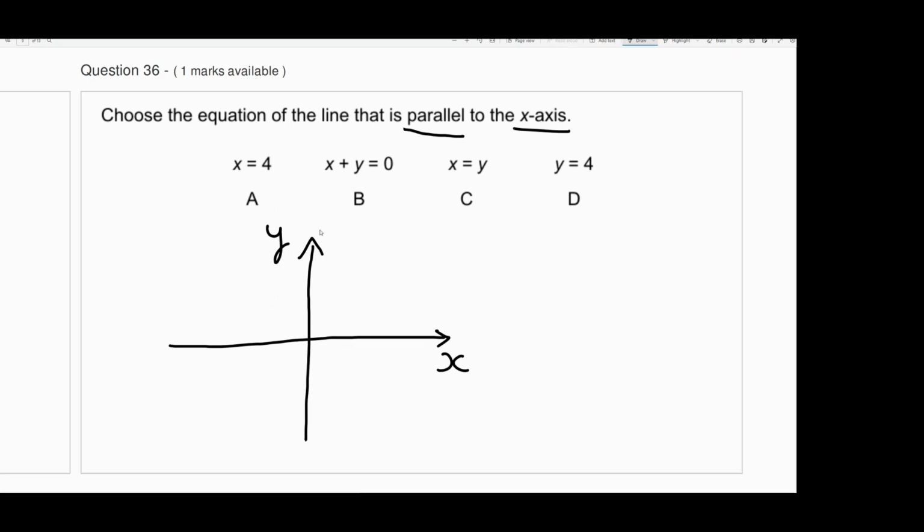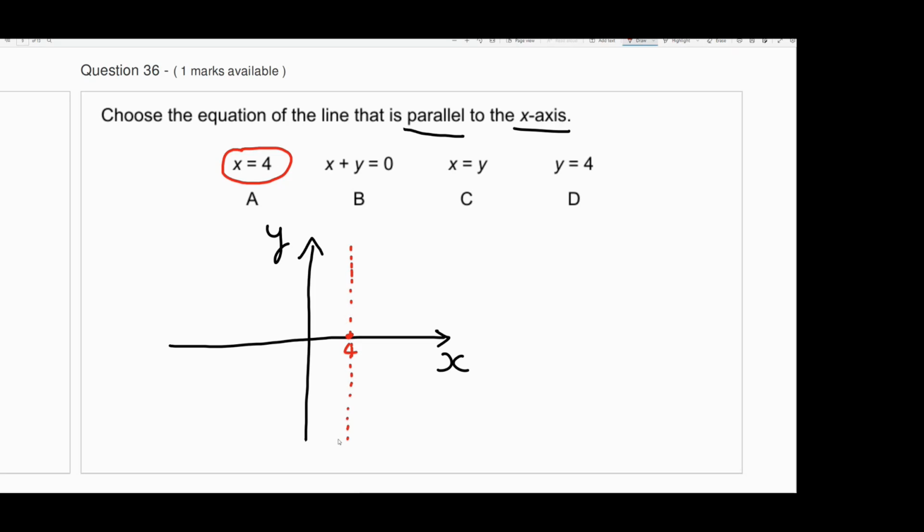And they've given me a number of lines. So I'm going to think about what those lines would look like. So if I want to draw the line x equals 4, I would need to go across to where x is 4, which is about here, and then draw a straight line.